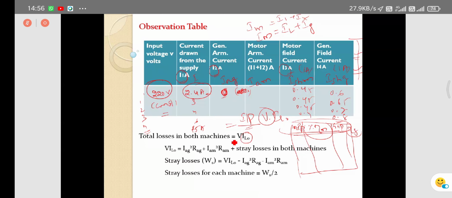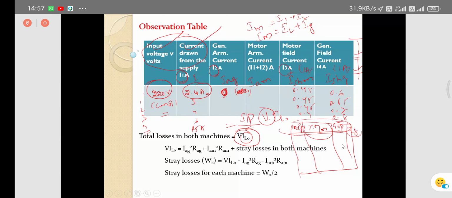Actually this test is economical, because the power drawn from the supply is only to meet the losses. So the power drawn is nothing but V into I L naught, the line current. The multiplication of V and I is the total input power, which is equal to the total losses.